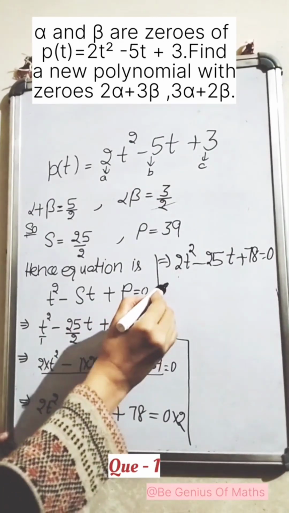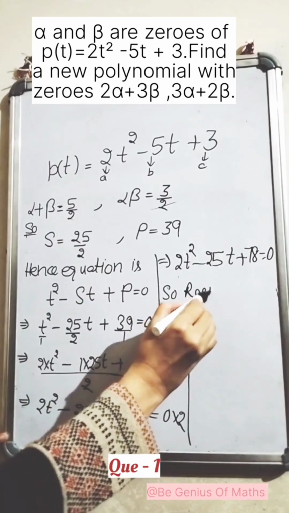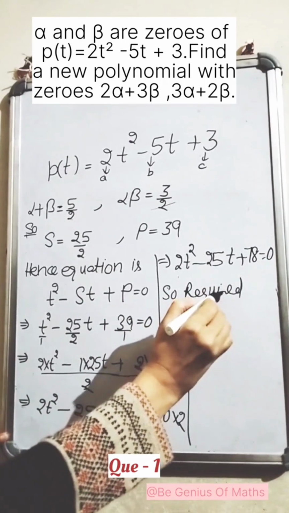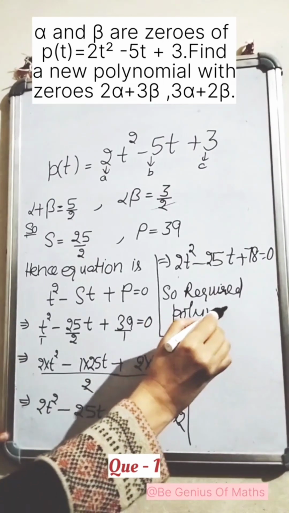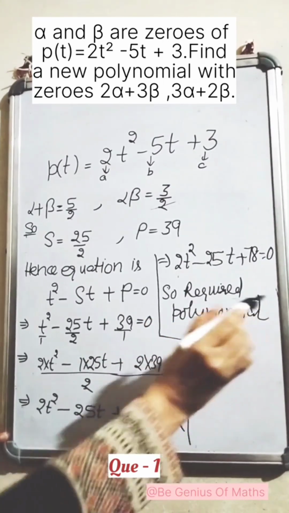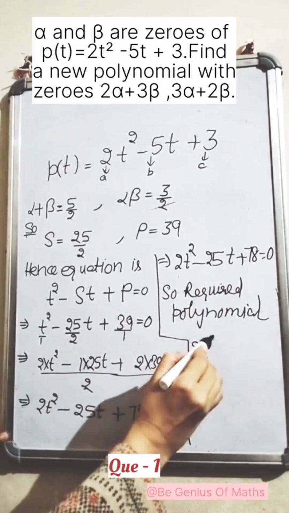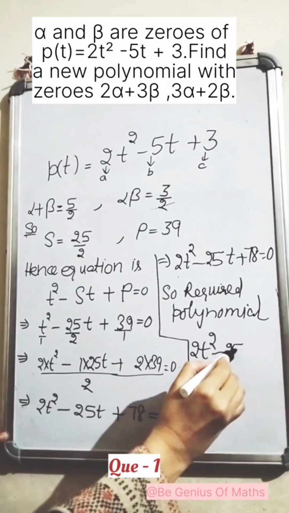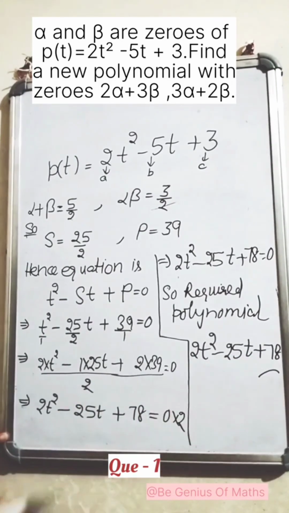Now to find the required polynomial. With 0 it is always an equation, and without 0 it is known as a polynomial. So without 0 the polynomial is 2t square minus 25t plus 78.